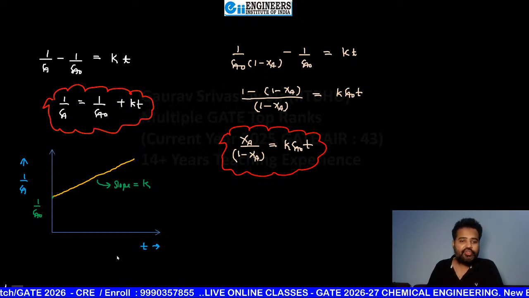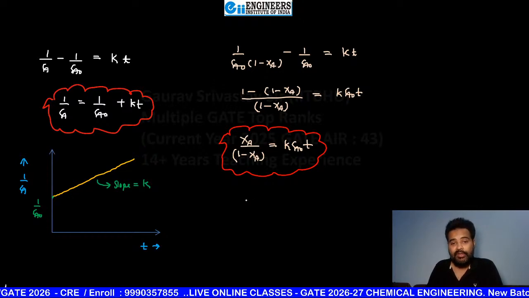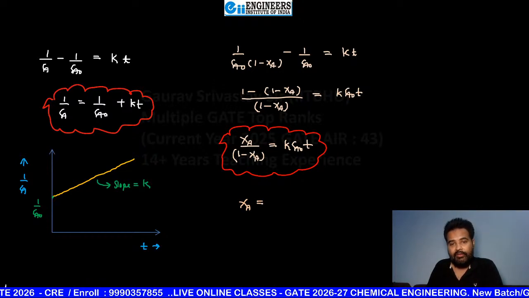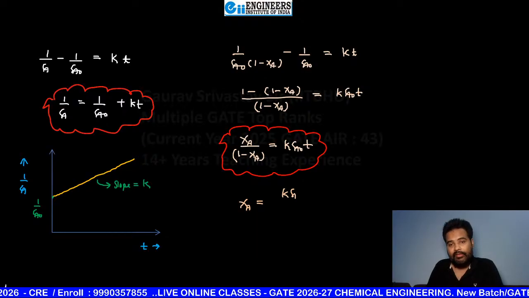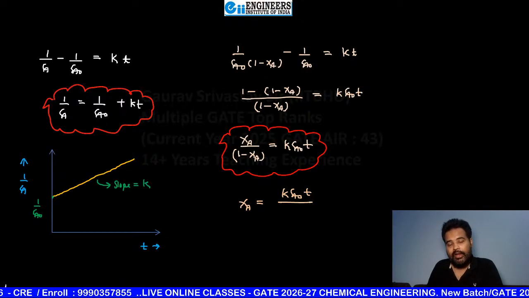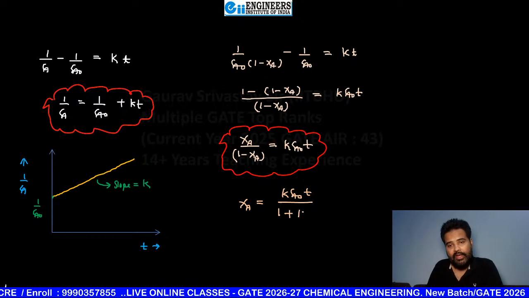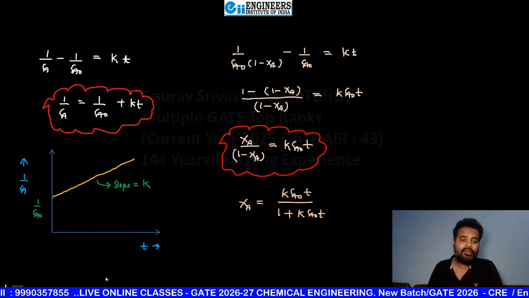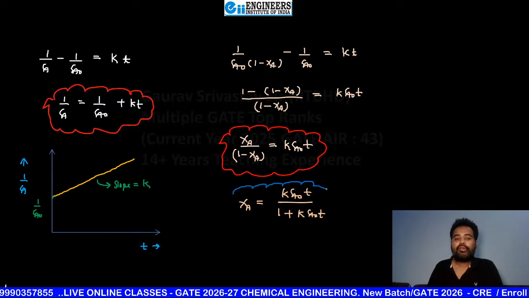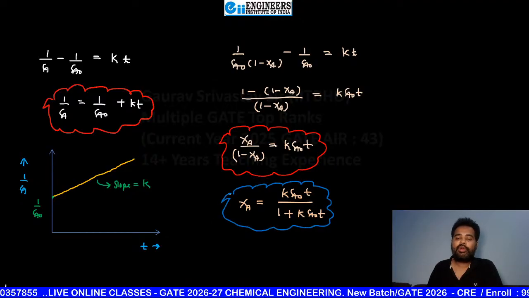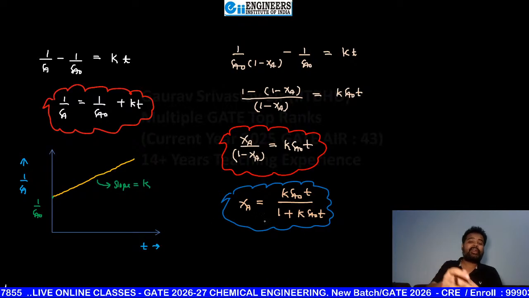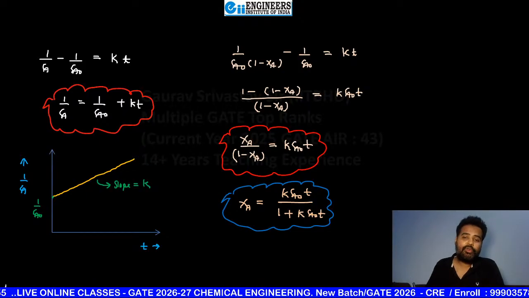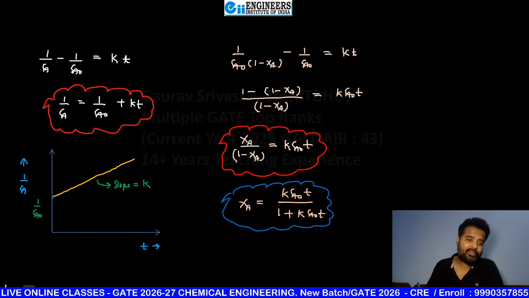Further analysis, my dear students, you can write the equation as Xa is equal to k Ca naught t upon 1 plus k Ca naught t. So please, everyone, use cross multiplication, and after getting Xa is equal to k Ca naught t upon 1 plus k Ca naught t, write done in the comment section.